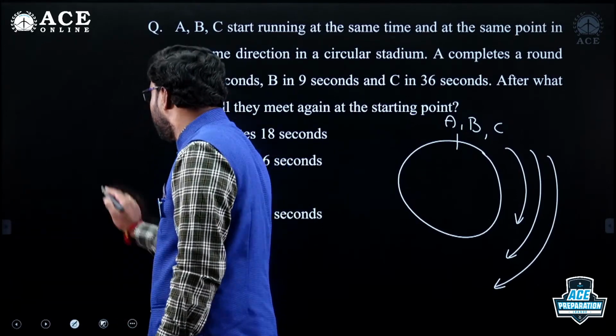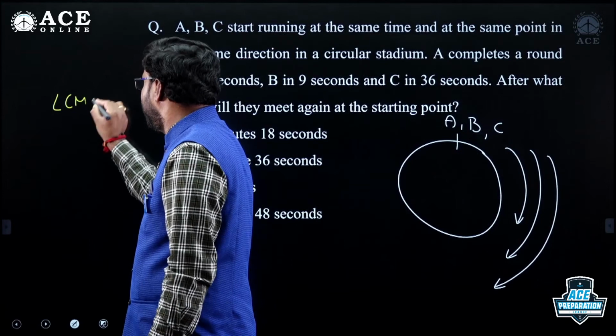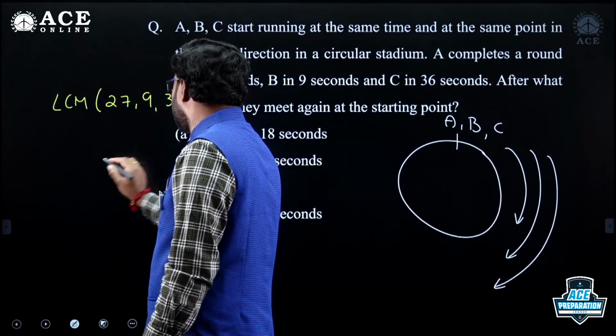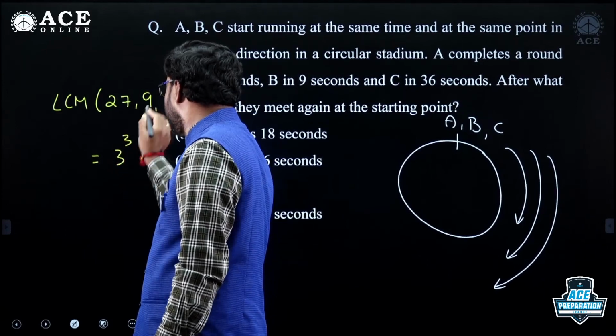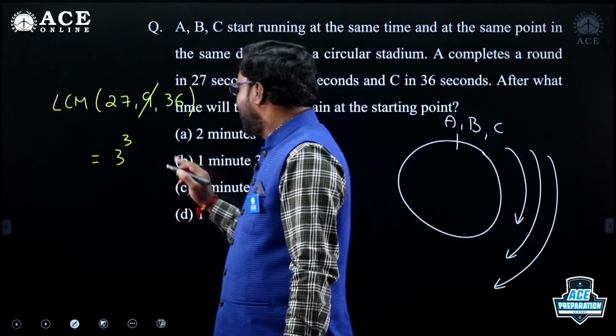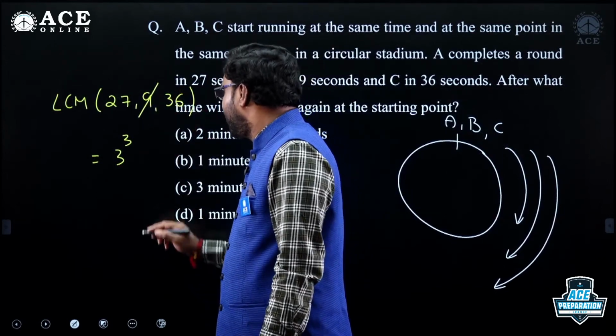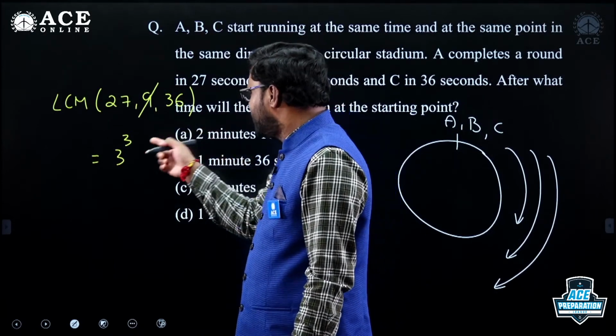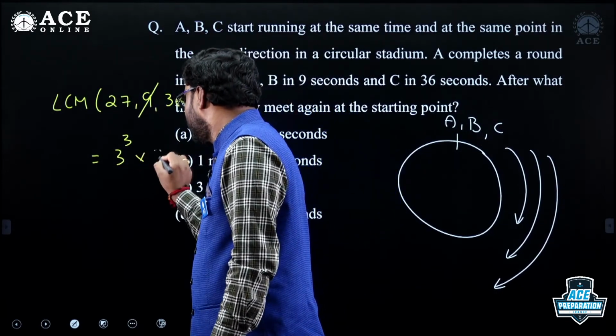Let's find the LCM for 27, 9 and 36. As for 27, 3 cube will come, 3 square no need. 27 is a 9 multiple, no need of that. As 36 is also a 9 multiple, 9 is not required. 36 will give 2 square into 3 square. 3 is already there, so we can go with 2 square.